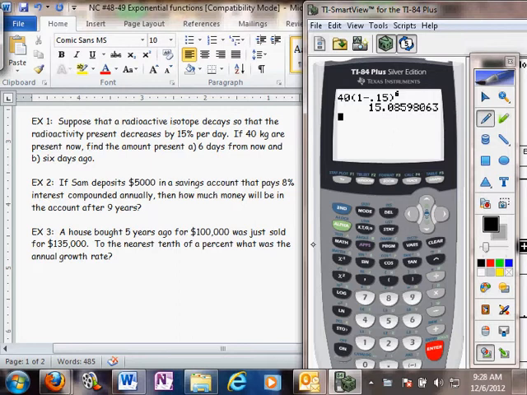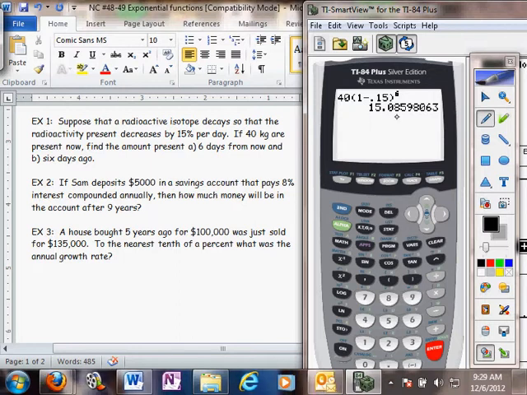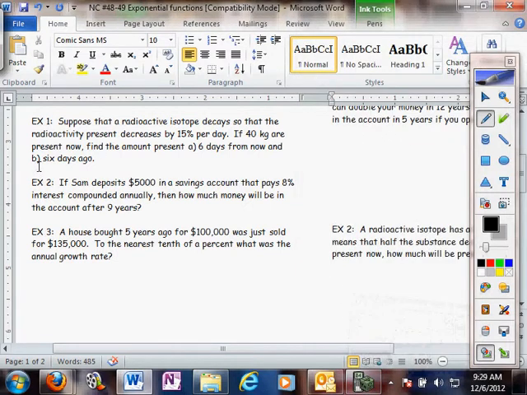And that's 15.086. You always want to round to 3 decimal places when you're working with numbers like this. The only time you do less than that is when you're working with money. When you're working with money, you'll round to the nearest cent or 2 decimal places. So my answer for part A of number 1 is 15.086.